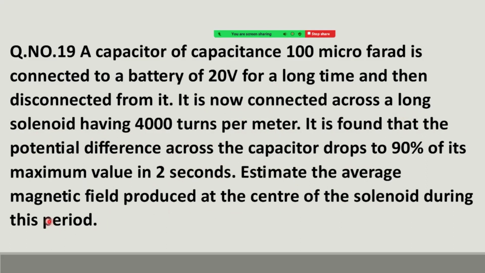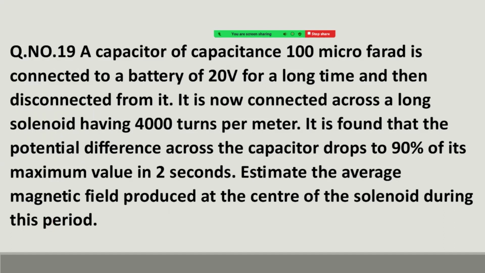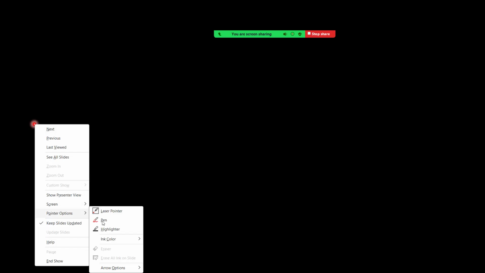Okay, so first focus on the given data. Write down: capacitance 100 microfarad, micro is 10 power minus 6 farad, connected to a battery. Initially the potential difference, I'm taking as V1, is 20 volt.